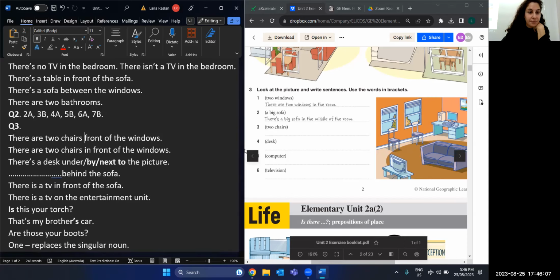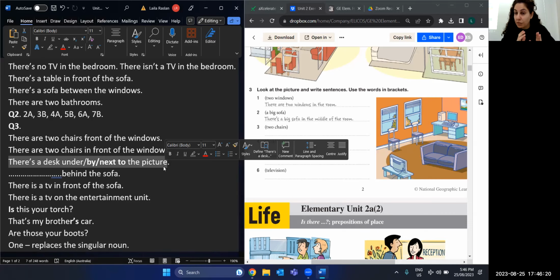Nice. We don't know where the front door is. So it's pretty hard to say if it's to the left because we can't see where the front door is. So I might not say that there's a desk to the left of the room.